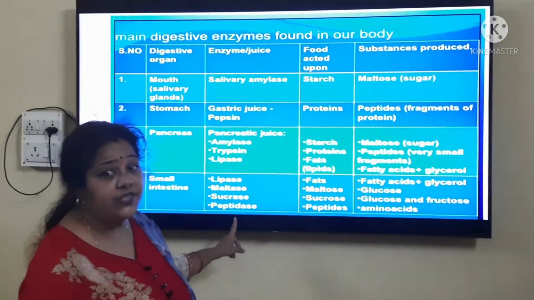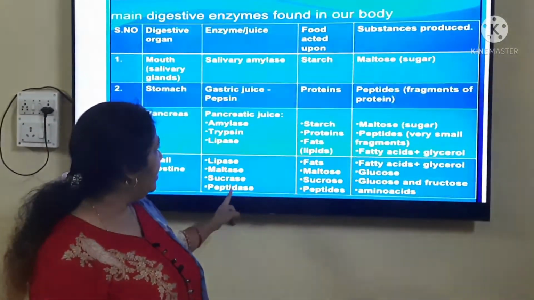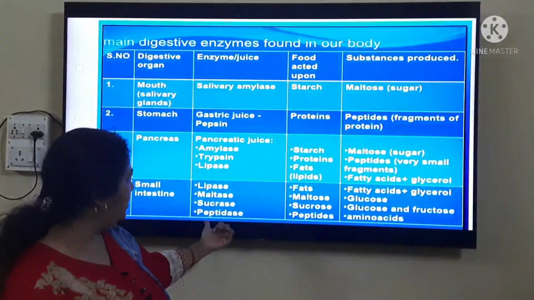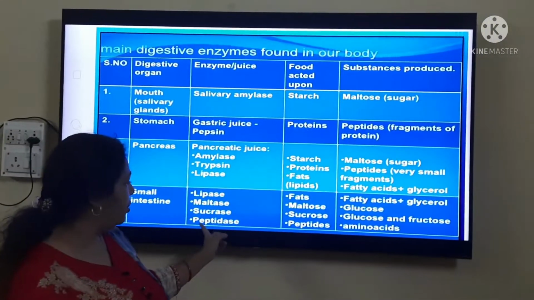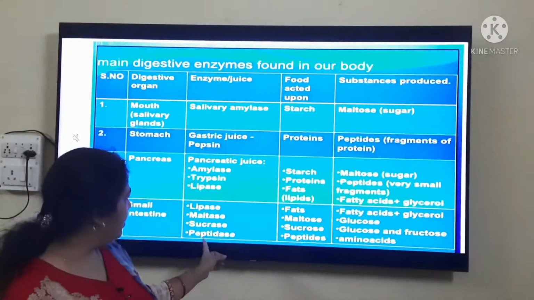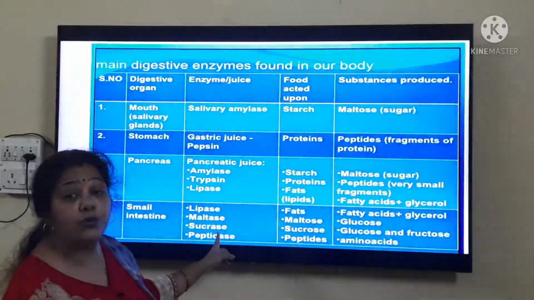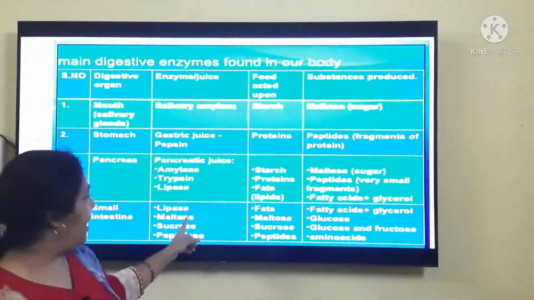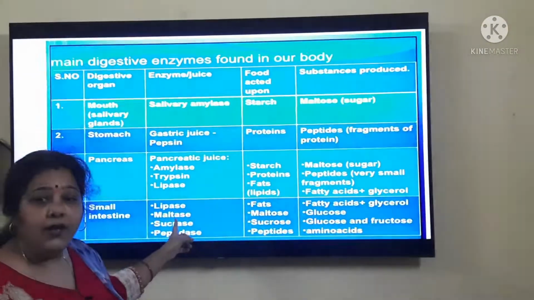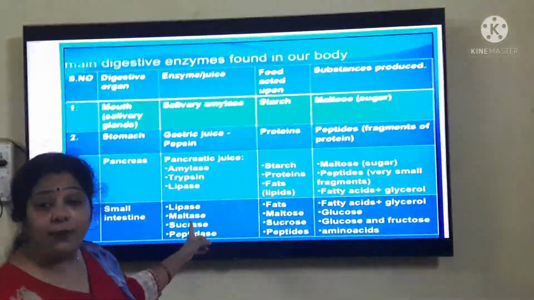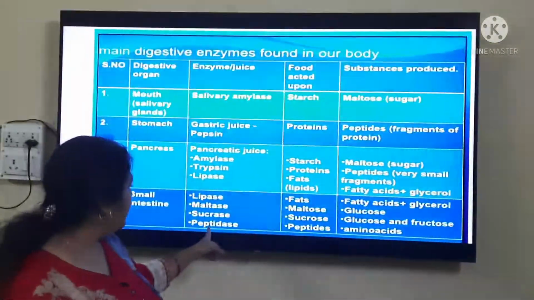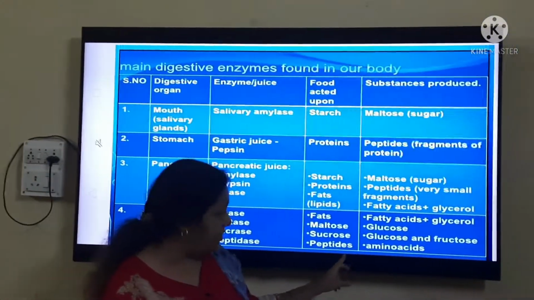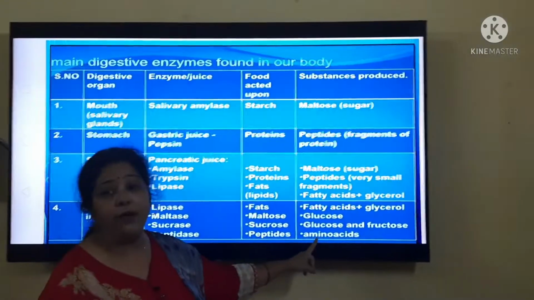Whenever there is ASE behind any enzyme name, you can understand that it is going to act upon its substrate. Sucrase acts on sucrose, maltase will act upon maltose, and lipase will act upon lipids. Now peptidase is acting upon peptides, and they get converted into amino acids.